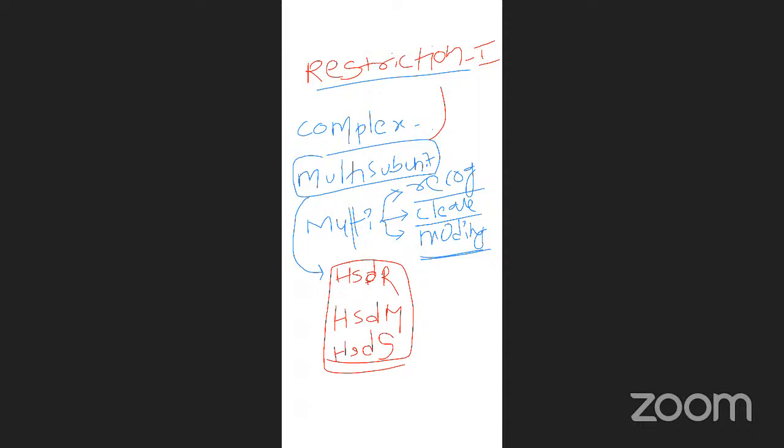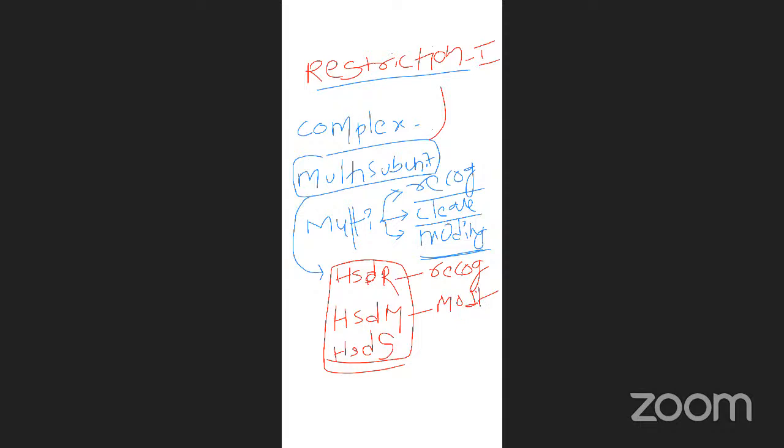Based on the function, the names are given as HSDR, HSDM, HSDS. HSDR is required for restriction, meaning recognition. HSDM is necessary for modification, adding the methyl group.